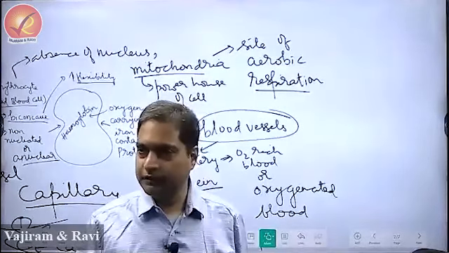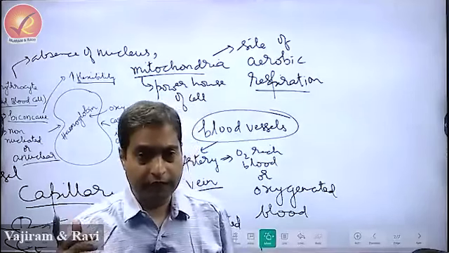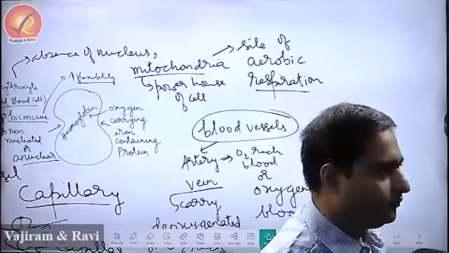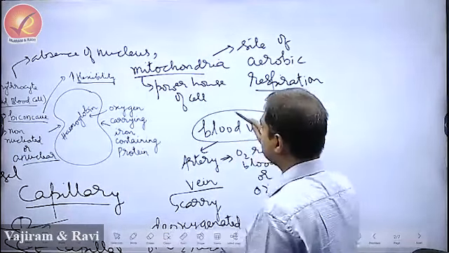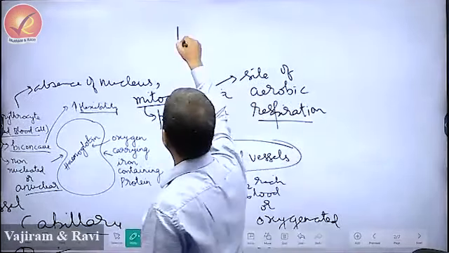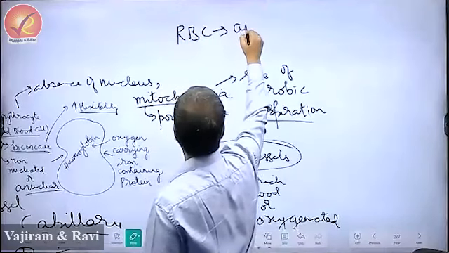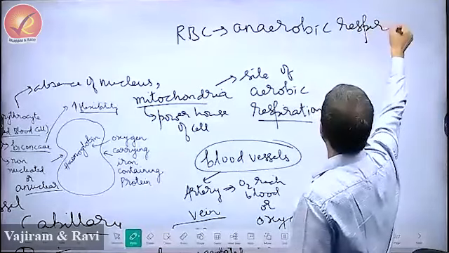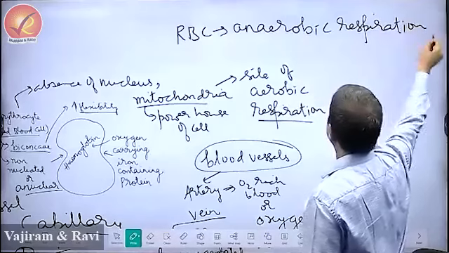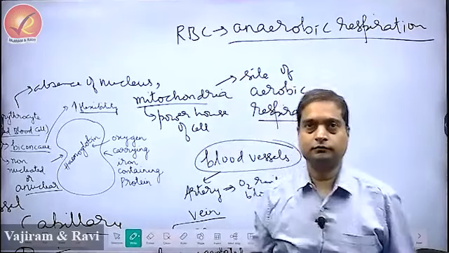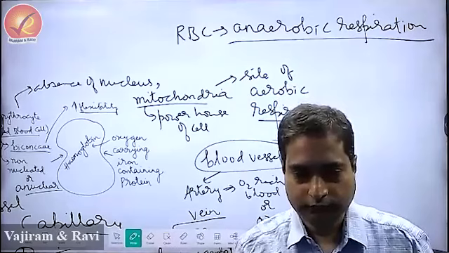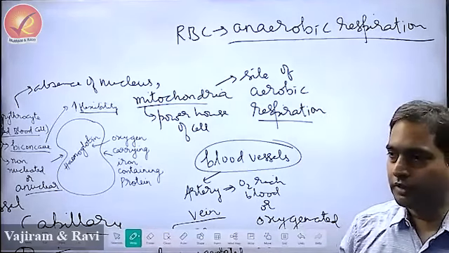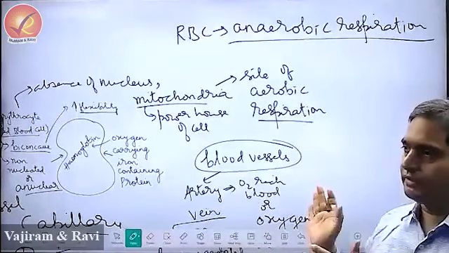We discussed that if there is no oxygen, there could be anaerobic respiration. So RBC performs anaerobic respiration. So cellular respiration, aerobic, anaerobic, here it is anaerobic.